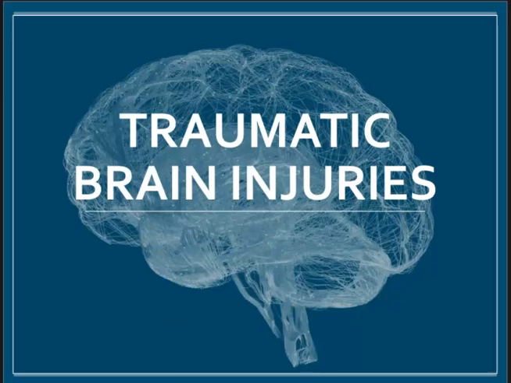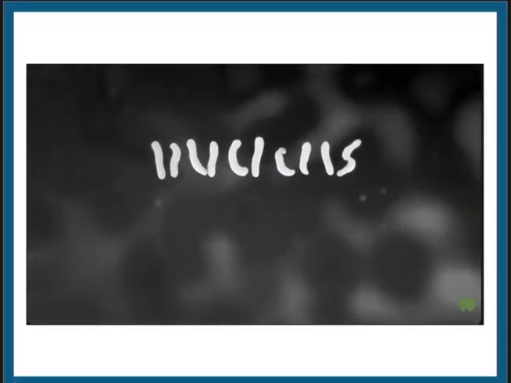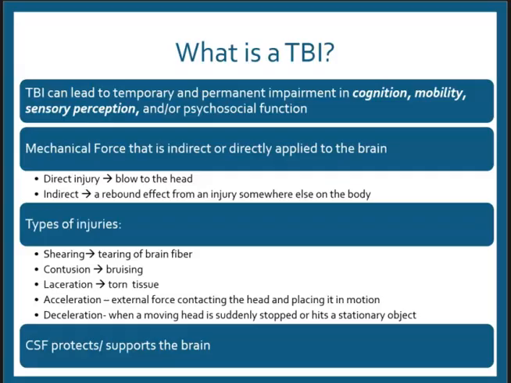Moving into your traumatic brain injuries. So what is a traumatic brain injury? It is a temporary or could lead to a permanent impairment in cognition, mobility, sensory perception, and psychosocial function.